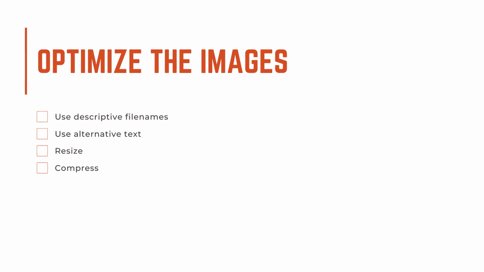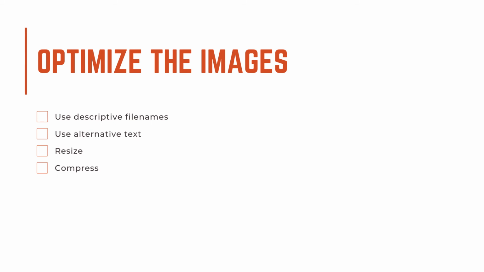I use descriptive file names. So, for example, if I have a picture of a woman, I wouldn't call it image1.jpg. I would call it picture of woman.jpg or woman cheering, woman happy, woman excited, woman mad.jpg. I wouldn't just call it image 1, image 2, image 3.